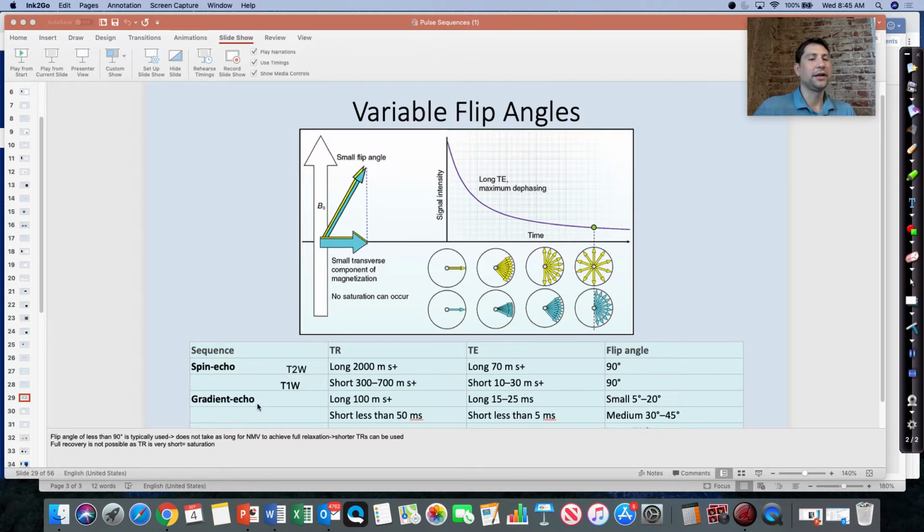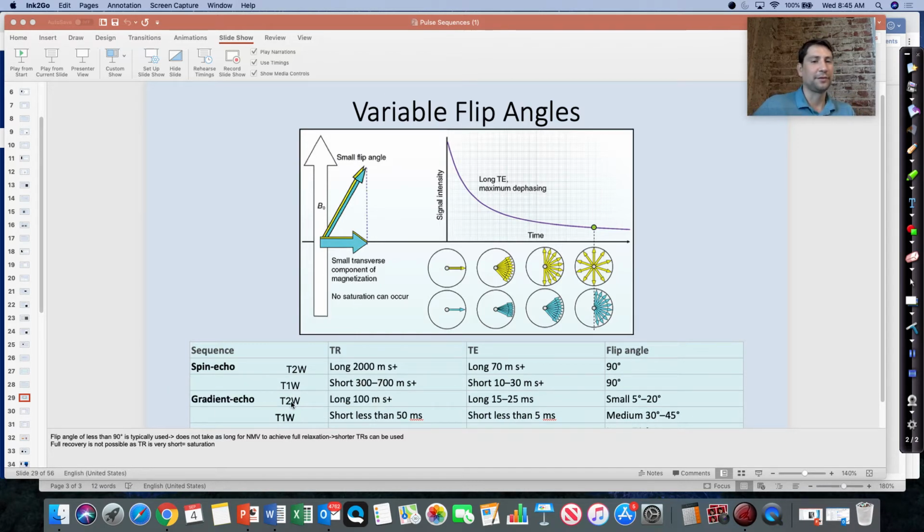But look at our gradient echo pulse sequence. Look at how low we can get our milliseconds for our TR and our TE. A lot less. So which one do you think is which? T1 or T2 here? The top one. What do you think? It's T2. And then the bottom one is T1 weighted.